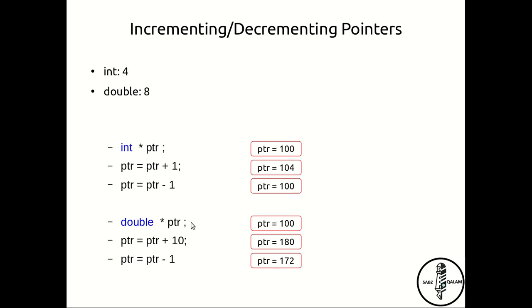Whereas in the other example, because the pointer is pointing to a double variable, and let's say it's the same address 100, because the double is of size 8 and you want to go 10 variables ahead of the current variable, you're going to add 80, because 8 times 10 is 80. And the variable 10 positions later is actually present at location 180. Whereas going back means you want to go back one variable. So the previous variable is present 8 bytes before the current location. Hence you're going to decrement it by 8.